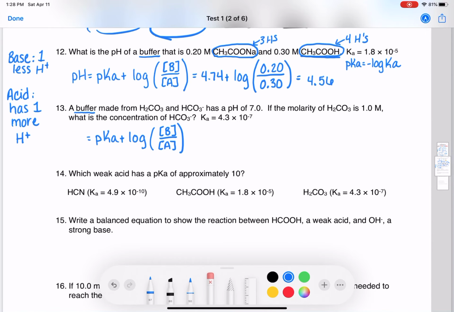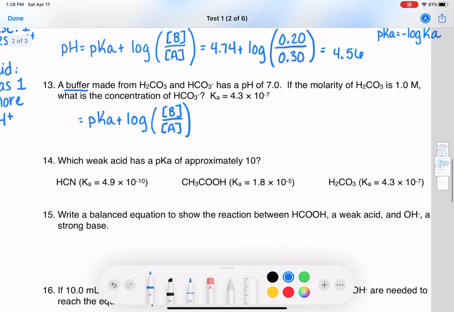So I'm going to fill that in. The pKa is the negative log of the Ka, the negative log of 4.3 times 10 to the minus 7. The pKa is 6.37, so I'm going to fill that in, 6.37.